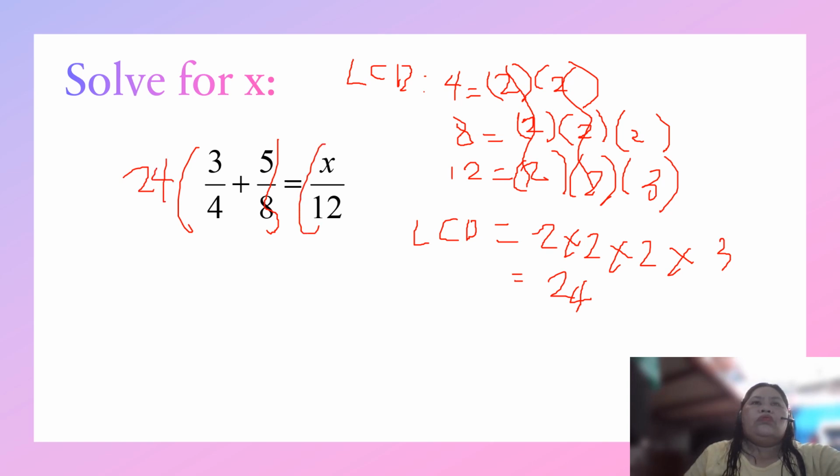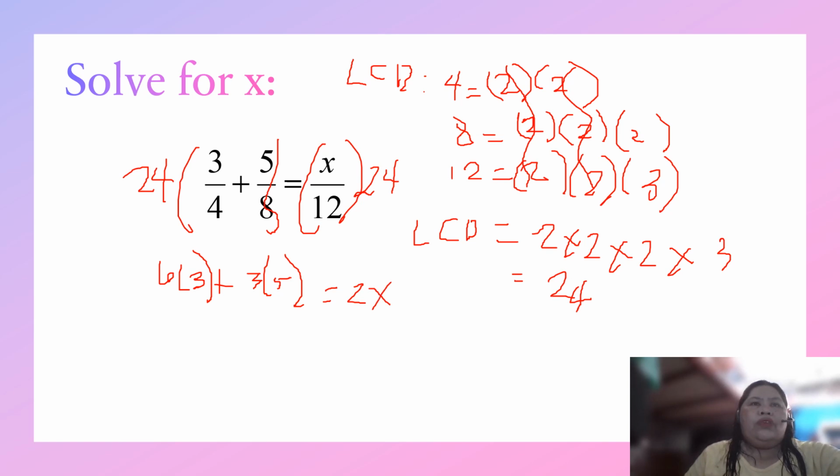Right. 24 divided by 4 is 6, times 3. Plus 24 divided by 8 is 3, times 5. Equals 24 divided by 12 is 2, times x, is 2x.